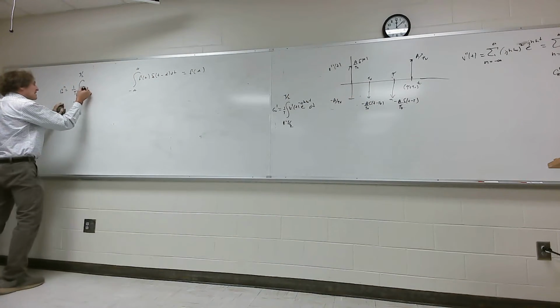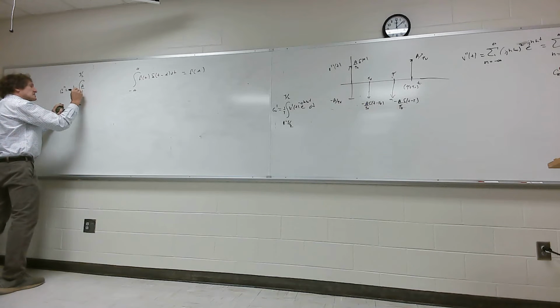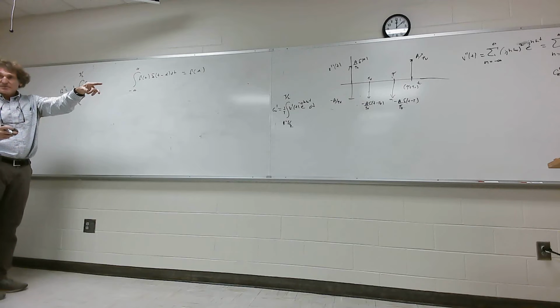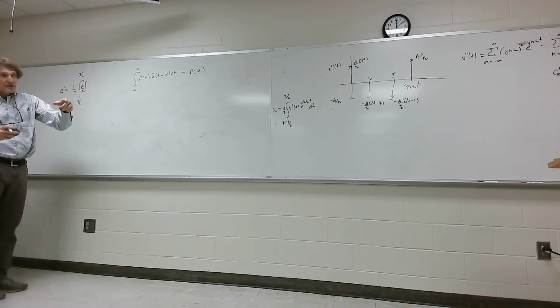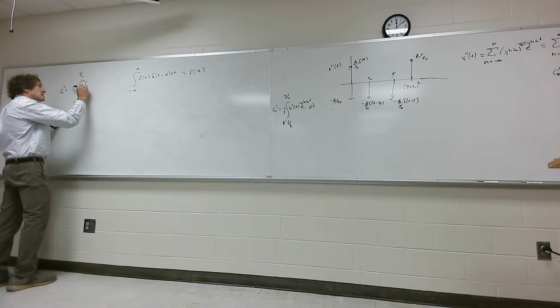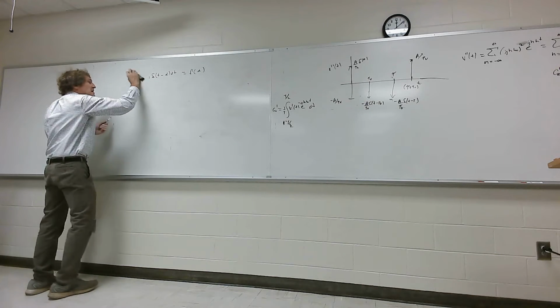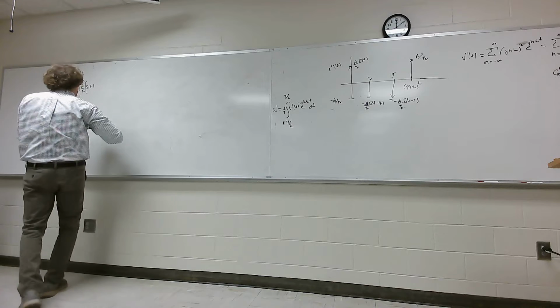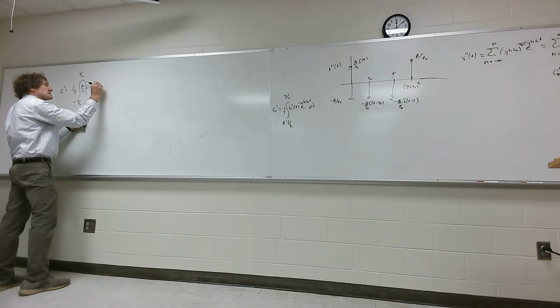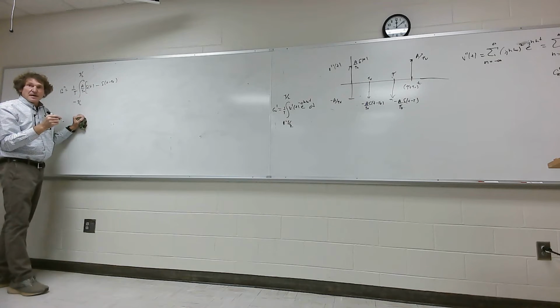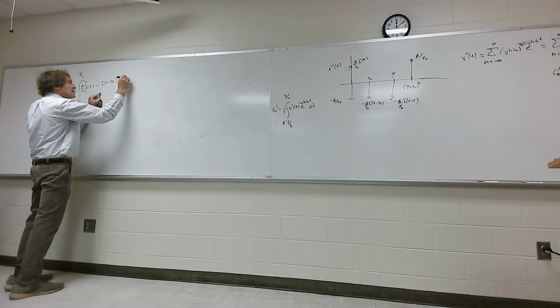Now over here, A over tau rise is actually going to be the weight on all those delta functions. Do you all see it? Take a look at that double derivative. The first one turns on at t, right? The next one turns on where? And it's a minus, delta of t minus tau rise. Do you all agree with that? Next one turns on where?